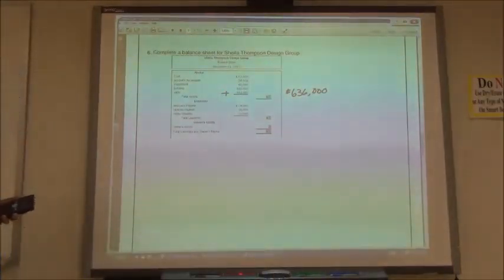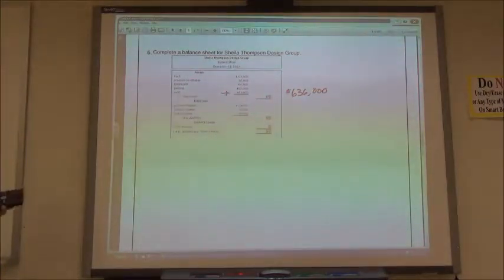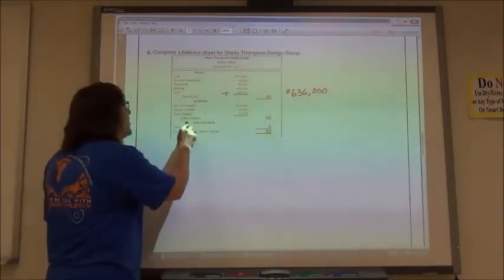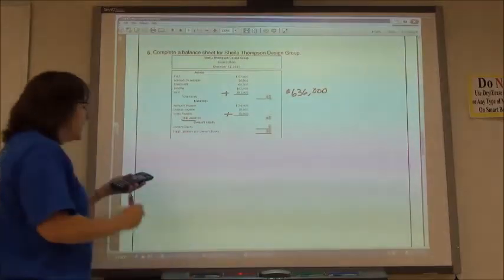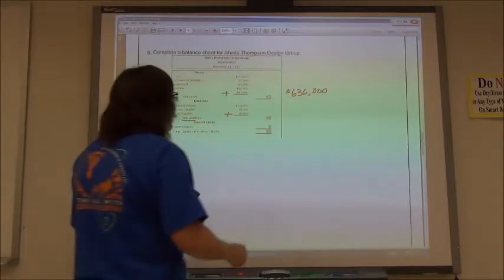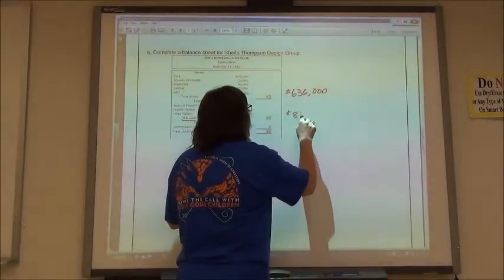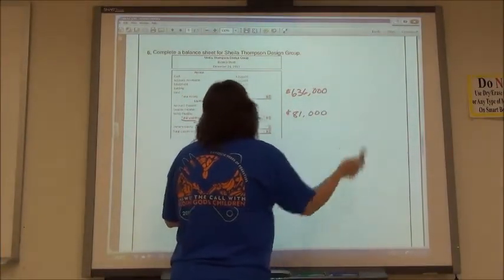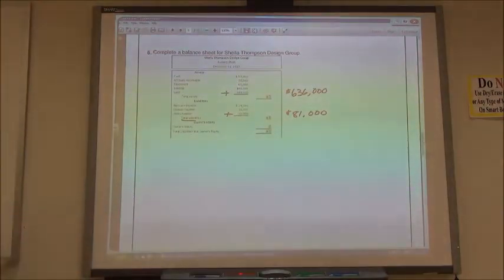Then I have my liabilities, my accounts payable, salaries payable, and notes payable. I want to find the total of my liabilities. So again, I'm going to add those together. $24,000 plus $18,000 plus $39,000. And I get $81,000. I then want to find my owner's equity.